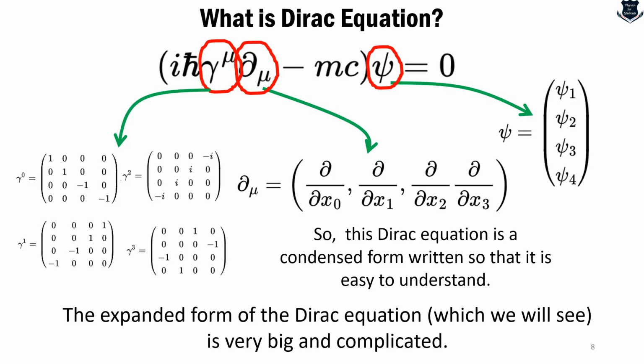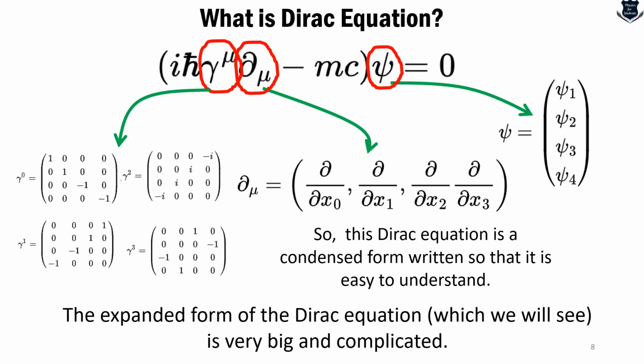Also, the spinor, which we are going to learn about, has 4 components: psi 1, psi 2, psi 3, psi 4. So instead of writing all those components, which would take more than 2-3 pages to expand this equation, and which becomes cluttered, cumbersome and difficult, we use this slash notation, and this helps us write things more elegantly.